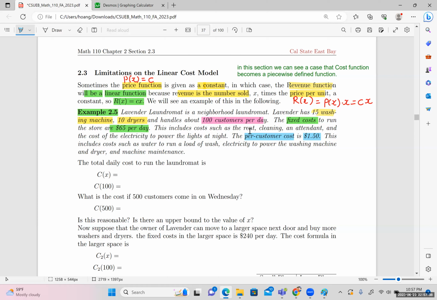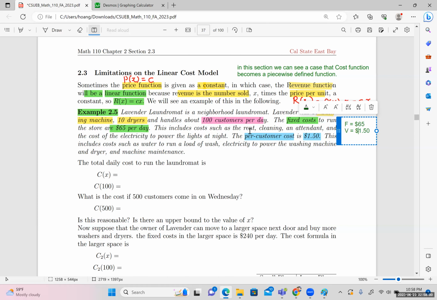So we have a fixed cost, that's $65, and we have V as a per item cost, which is $1.50.